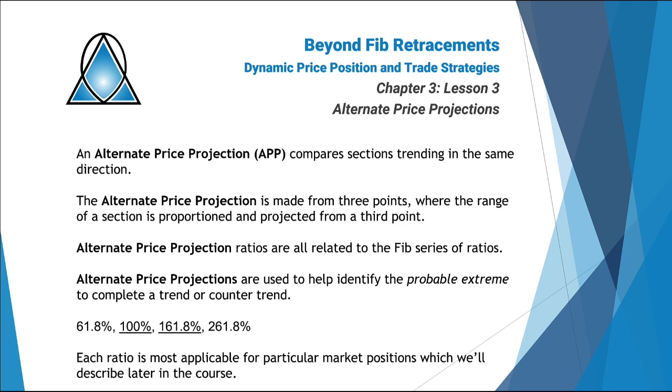We look at the 61.8% as a minimum and the 261.8% as a probable maximum, as you'll see in examples throughout the course. Each ratio, as with all the other price factors, is most applicable for particular market positions, which we'll describe later in the course. But first, let's get a clear understanding of how we do alternate price projections.